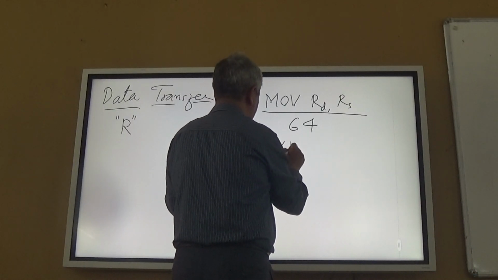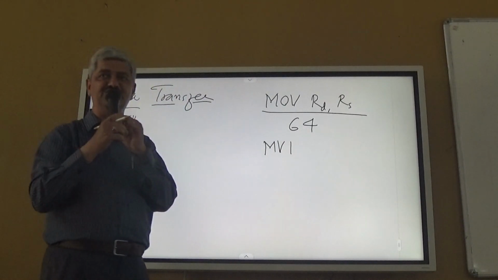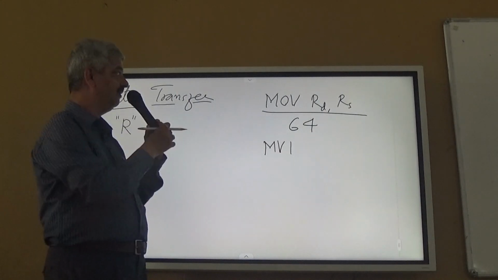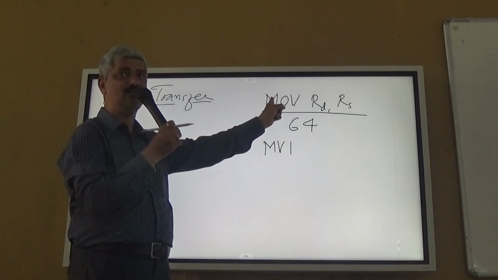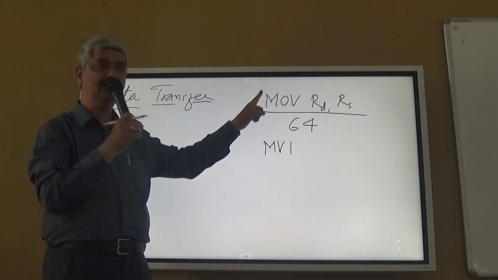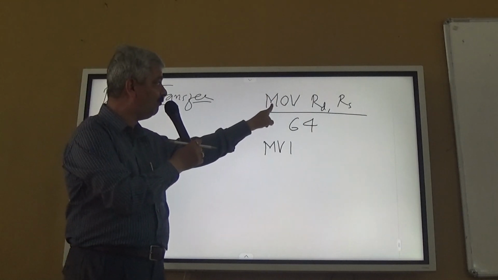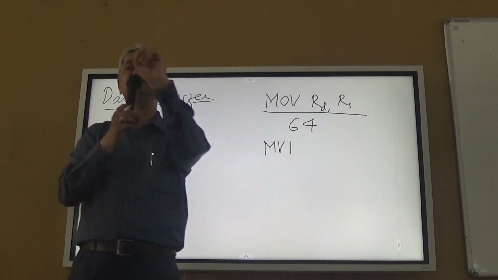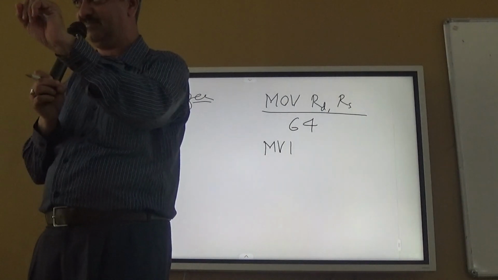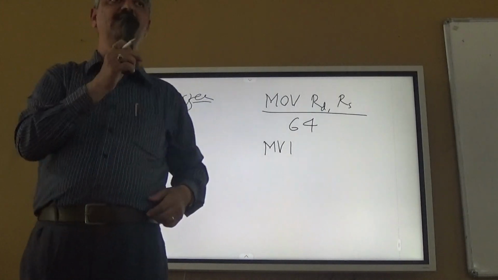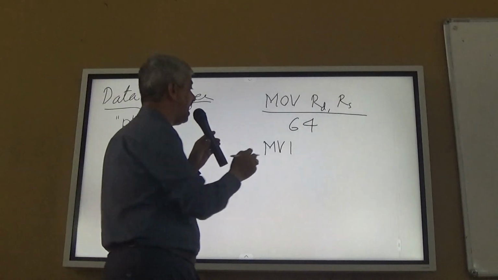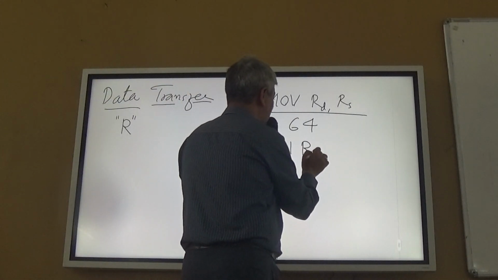MVI, the mnemonic, is move immediate. For inter-register movement, the mnemonic is MOV. And MOV RD, RS is a single byte instruction. Whereas MVI R, what is R?